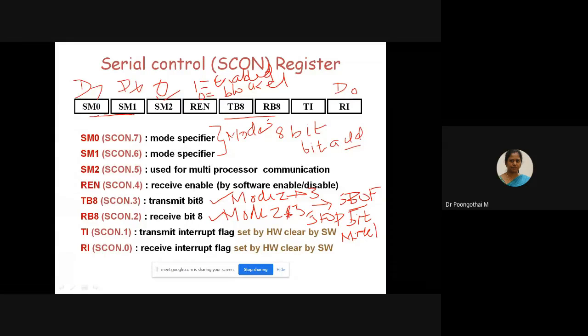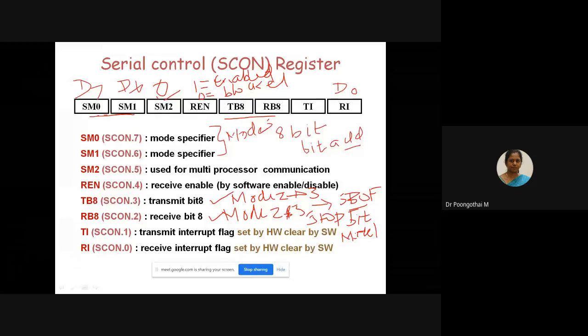This is very important. During transmission in modes 2 and 3, the ninth bit is transferred to TB8, that is, TB8 holds the ninth bit of data in modes 2 and 3.